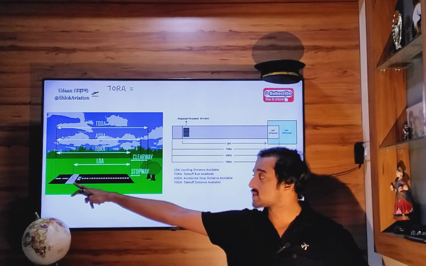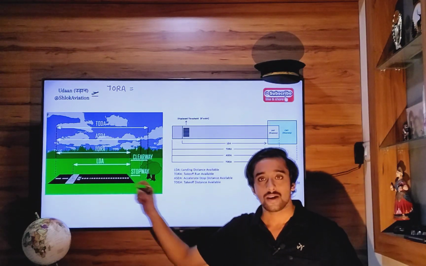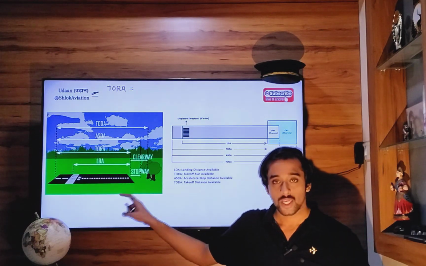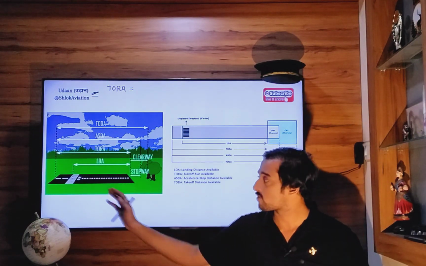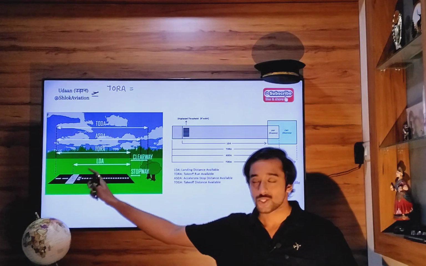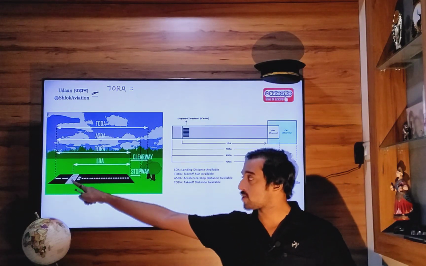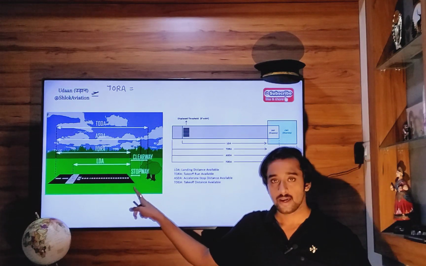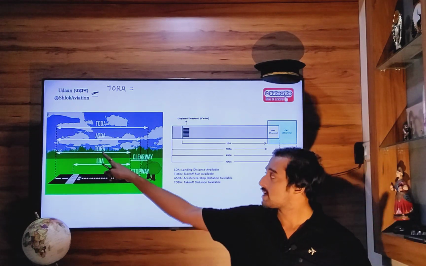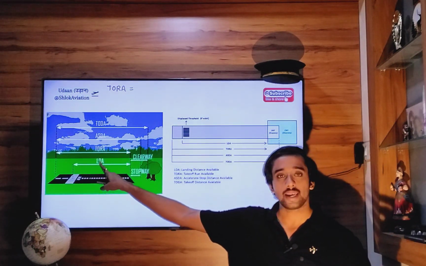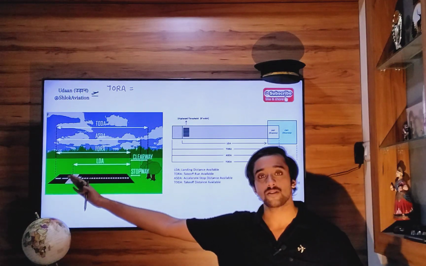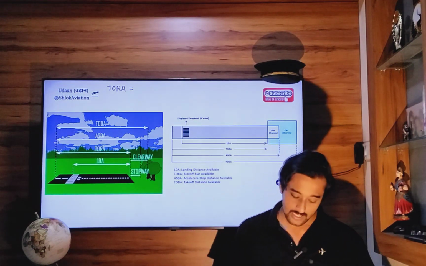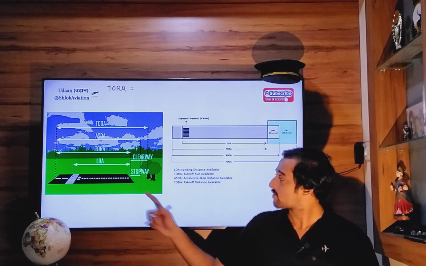But since this is a displaced threshold, for landing purpose, you will not use this entire length of the runway. You will use that length beginning from the threshold. So landing distance available starts from this threshold and ends at the end of the runway. If there is no displaced threshold, takeoff run available and landing distance available will begin from the very start of the runway. Both will be equal.